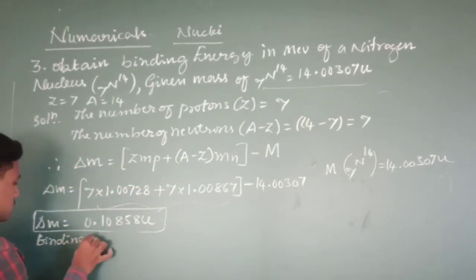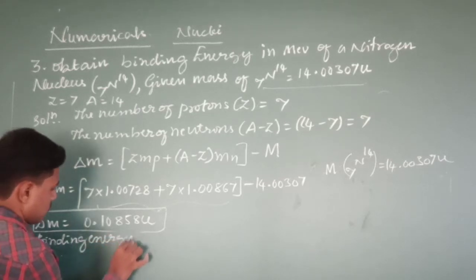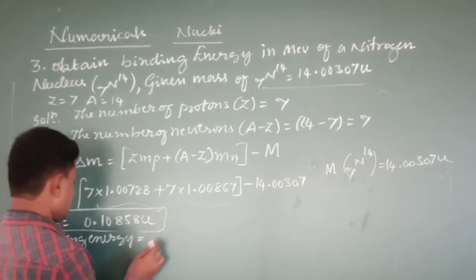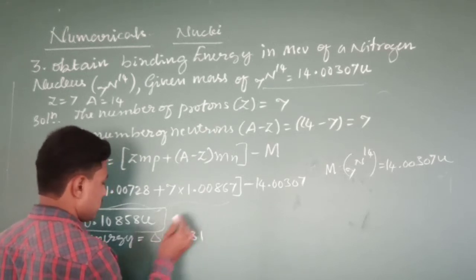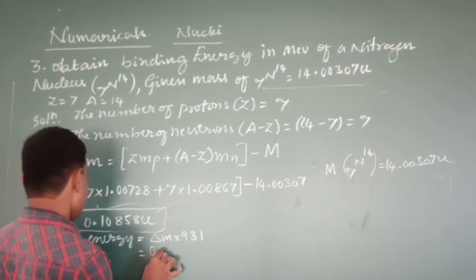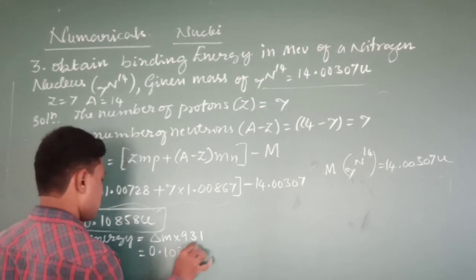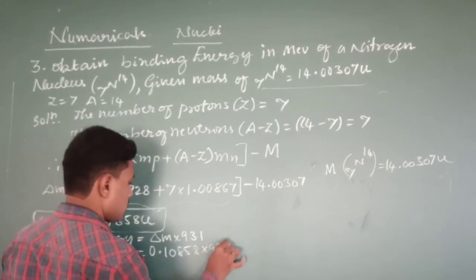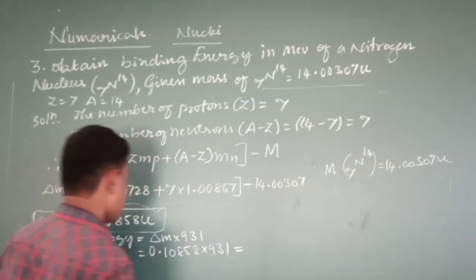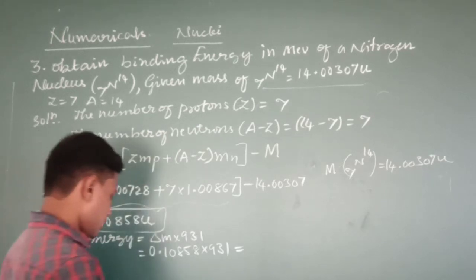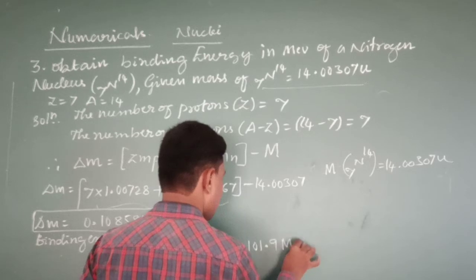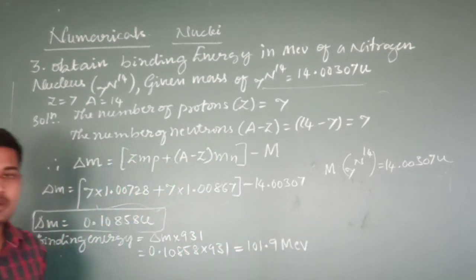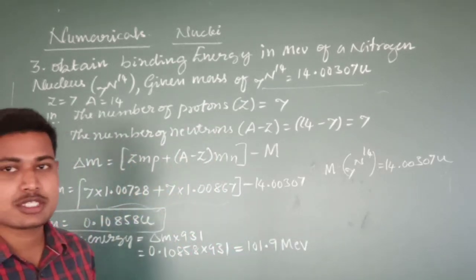Therefore binding energy is equal to mass defect into 931. Mass defect is 0.10858, times 931, which is equal to 101.9 MeV. Got it, students?